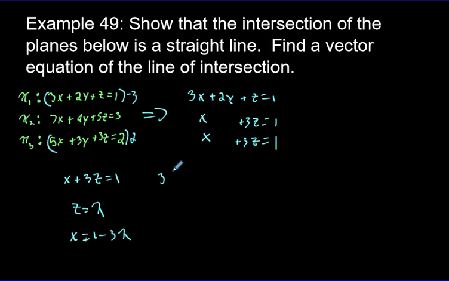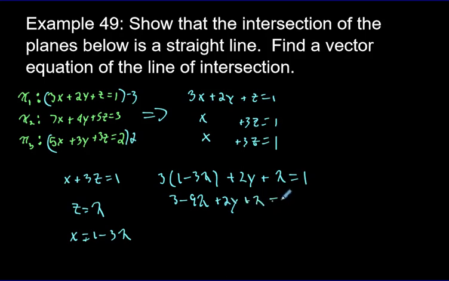So I'll go 3 times my x, which is 1 minus 3 lambda, plus 2y, plus z, which we let equal lambda, is equal to 1. Then I have 3 minus 9 lambda plus 2y plus lambda equals 1.